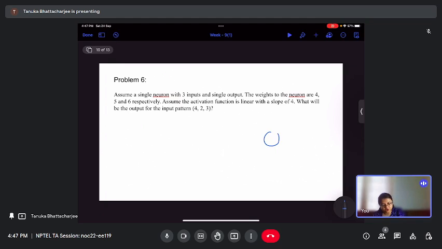So you have a neuron with 3 inputs and 1 output. The 3 inputs, let us say x1, x2 and x3. The corresponding weights, let us say w1, w2 and w3. You get the sum here and the output here.